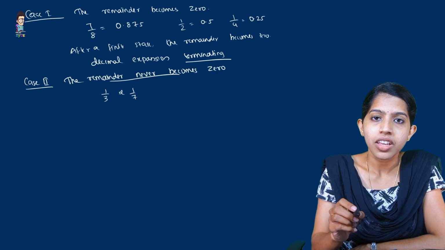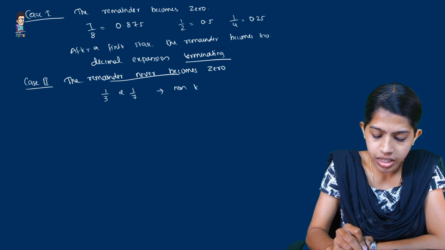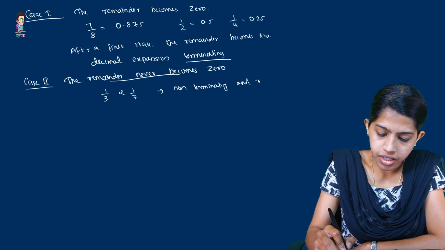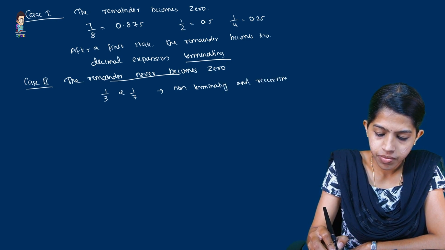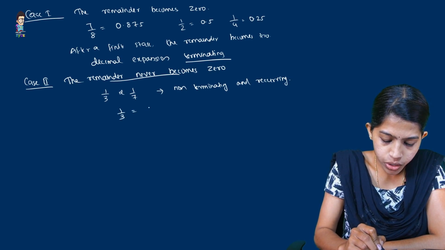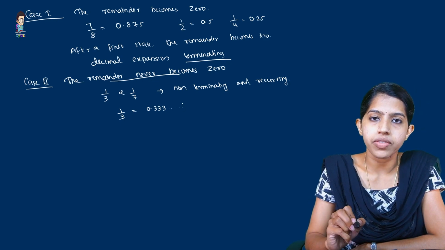In this case, we say that the decimal expansion is non-terminating and recurring. That is, 1 by 3 will be equal to 0.333 and this will go on forever.